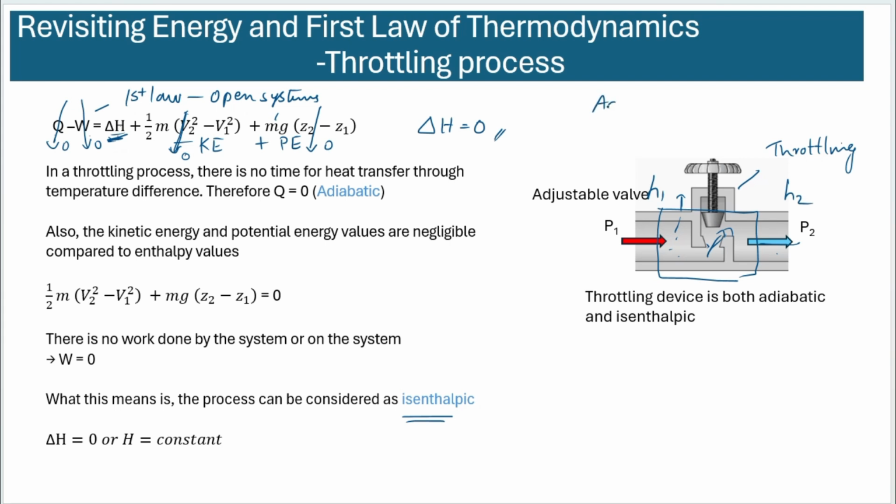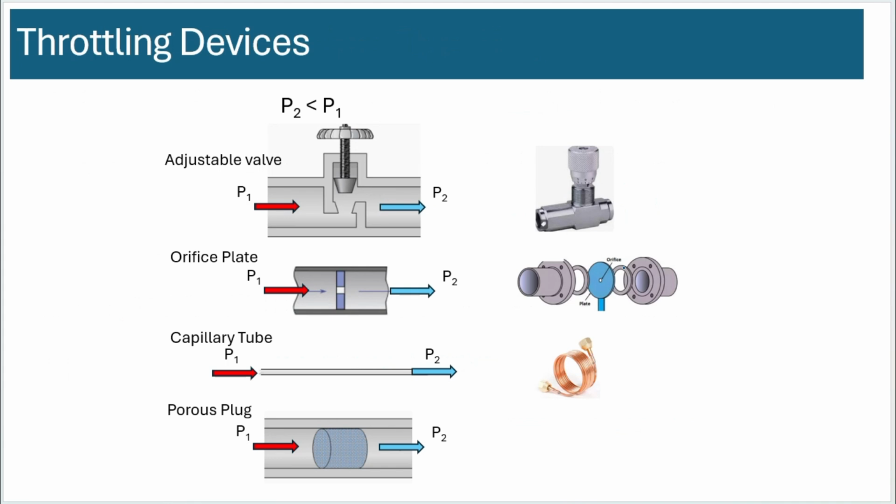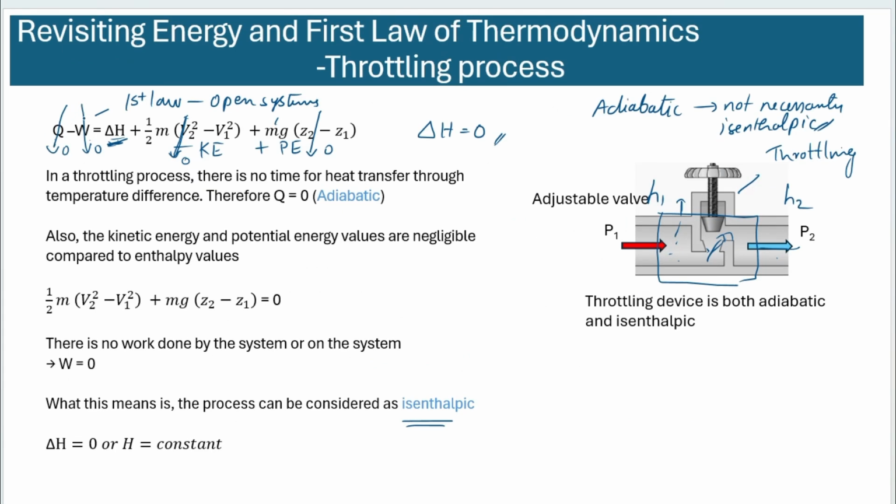Adiabatic does not mean isenthalpic. Is not necessarily isenthalpic. That's the confusion that most people will have if I just defined it based on here. If you just say it's adiabatic and just because of that it won't be isenthalpic, okay? It becomes isenthalpic because we do a lot of other assumptions.